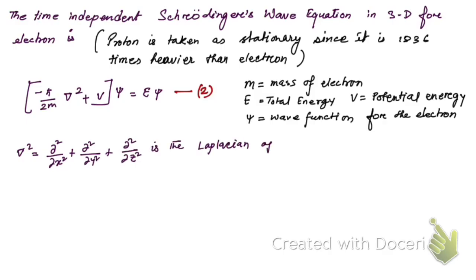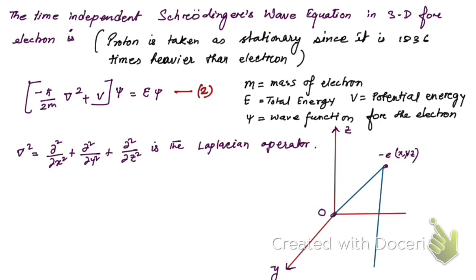Then I'm going to use polar coordinates to obtain the polar form of equation number 2, the polar form of the Schrodinger equation. So these are the coordinate systems. This is the Cartesian coordinate system, and in this system this is the position of the electron, with coordinates x, y, z, and O is the origin, where I have kept the proton.